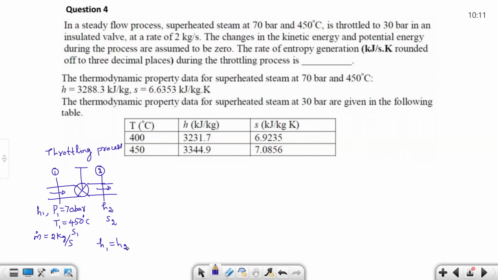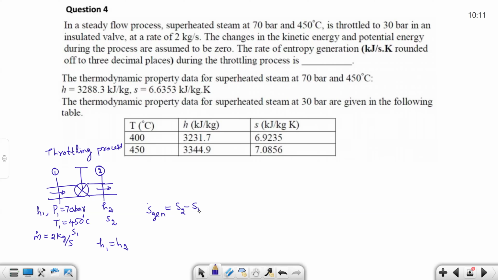And since the throttling process is irreversible, entropy generation is nothing but the change in entropy of the process. So the change in entropy of the process 1 to 2 in a throttling process is entropy generation.